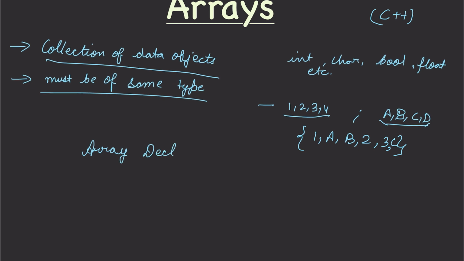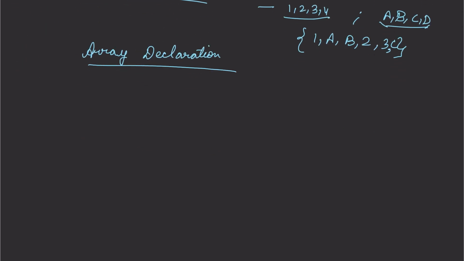So how to declare an array? The syntax is almost similar to declaring a variable, but there is a small change. First of all, we must write the data type of the array. It can be int, char, float, any of them. I am considering int.